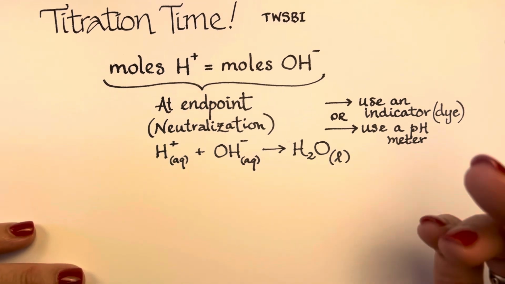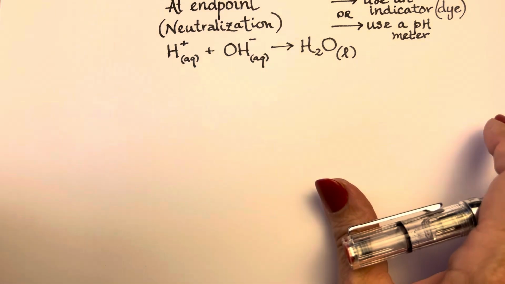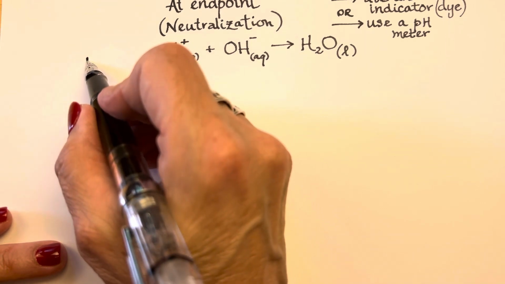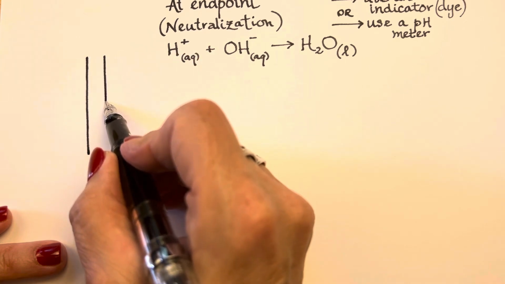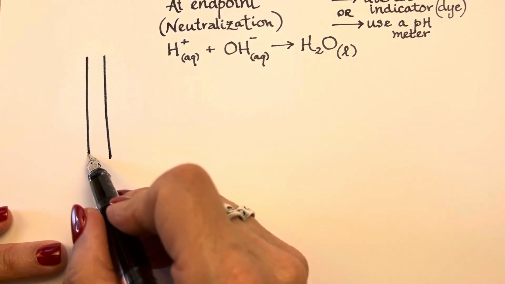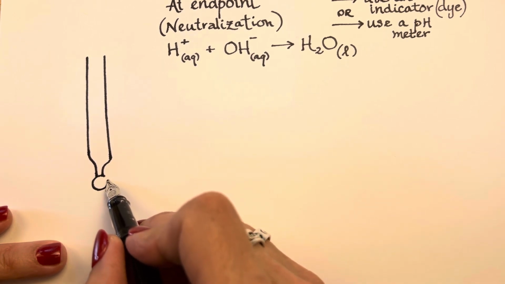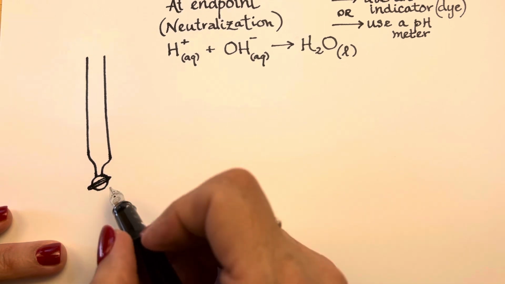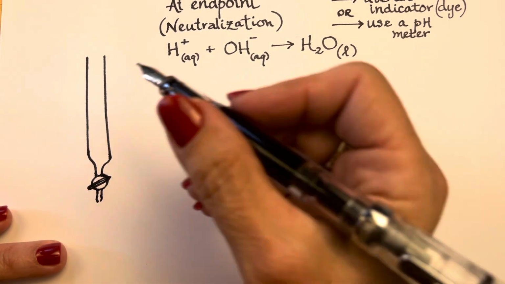So I've used that word titrant a couple times, and so why don't I just draw an example here of when you are carrying out the titration. Very typically, we have a burette, and there's a stopcock where you can control the amount of the titrant that is going in.